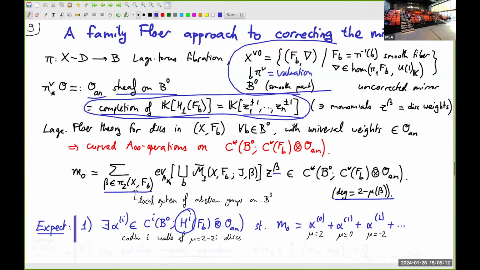Right, remember, this Z_i is going to be locally something like T to the area of some cycle gamma_i times the holonomy of a connection along some loop gamma_i for a basis of homology. So the weight of one disk in a given class always looks locally like a monomial in certain local coordinates. And then over a given domain in B0, I want to take the completion, which corresponds to series formed out of these Z to the betas, which adequately converge at every point of my open set.